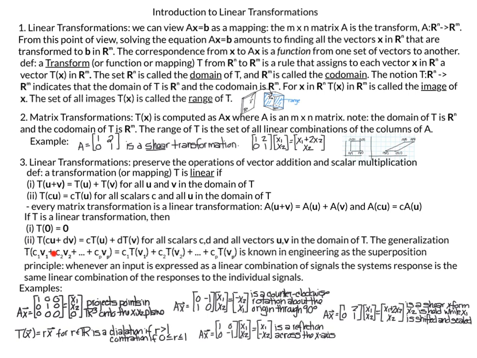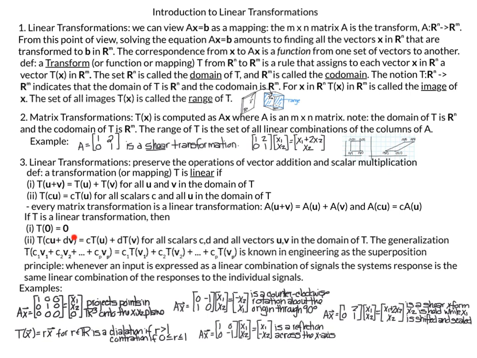A couple of other notes about linear transformations. T of the zero vector is always equal to the zero vector, and T of the scalar c times vector u plus the scalar d times the vector v is equal to c T of u plus d T of v. We often use this to prove linearity instead of proving the two steps. Then lastly, we can generalize this.